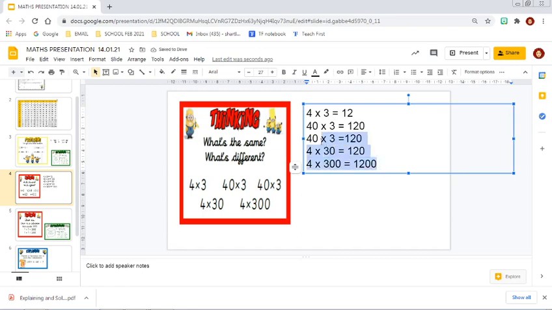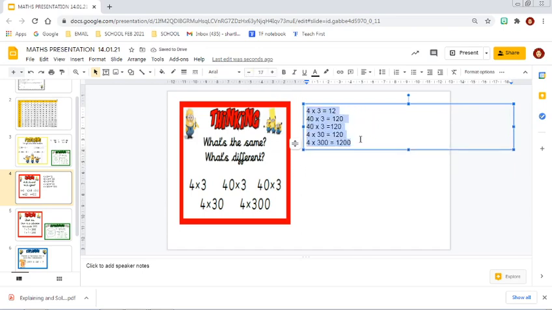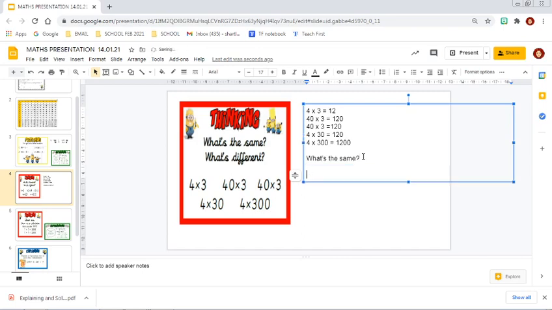So with this, I'm now going to look at answering the thinking challenge. What's the same? I can see that here I have 40 multiplied by 3 equals 120.